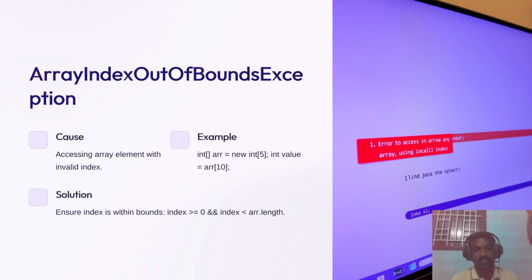When we try to store a value at the 10th position, it automatically generates an error. To avoid this error, the index should be between 0 and the length of the array. Then it won't generate any errors.